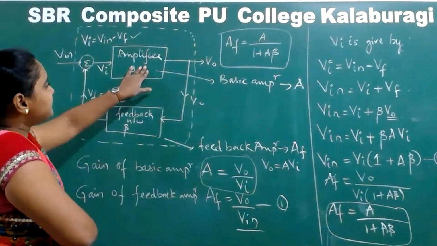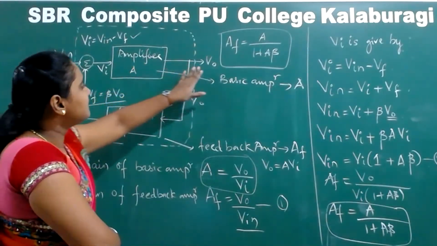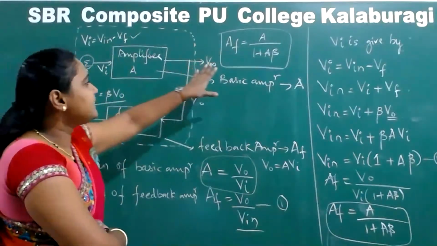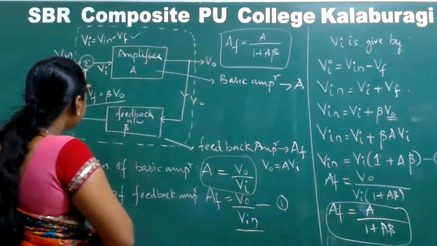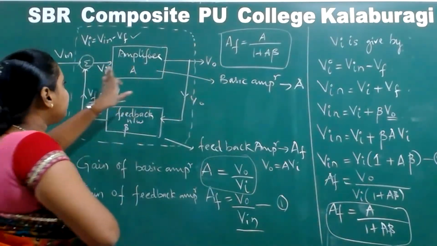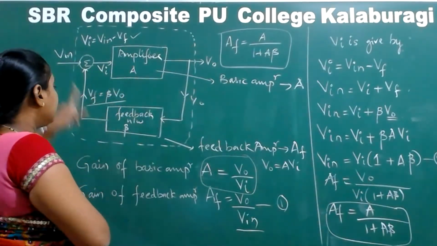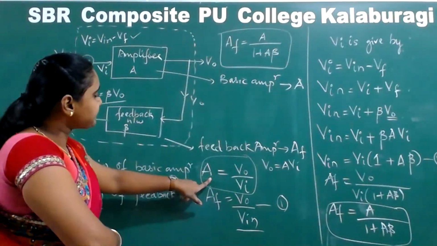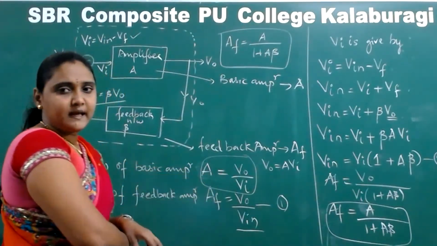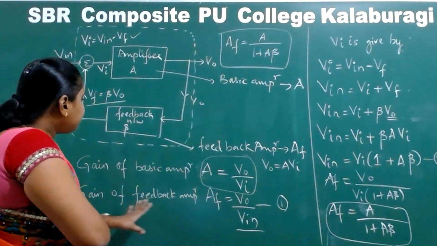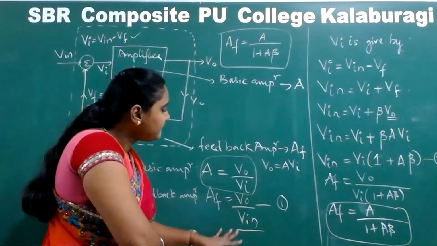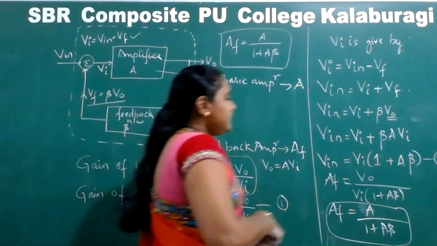I started with the amplifier, where the gain of the basic amplifier A is V naught by Vi, whereas the gain of the feedback amplifier AF is V naught by Va.